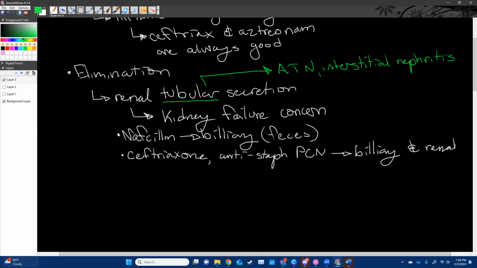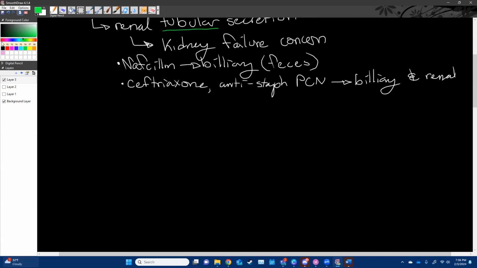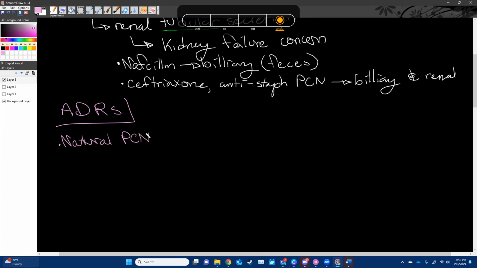All right, adverse effects. For our natural penicillins, for the most part, these guys are going to be pretty easy in terms of what they do to the body.